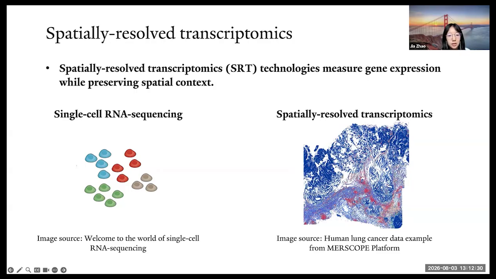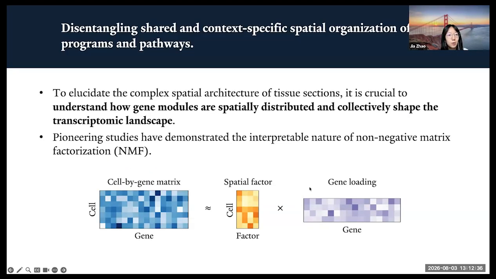To answer that question, there are already existing methods. We want to understand, are there gene modules? The gene modules are basically groups of genes usually co-localized together spatially. For understanding the gene modules and their spatial distributions, there are existing methods. Without going into too much detail, I want to summarize that the pioneering studies basically decompose those high-dimensional data into low-rank approximations.